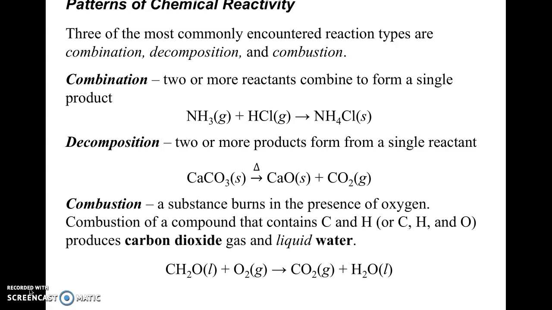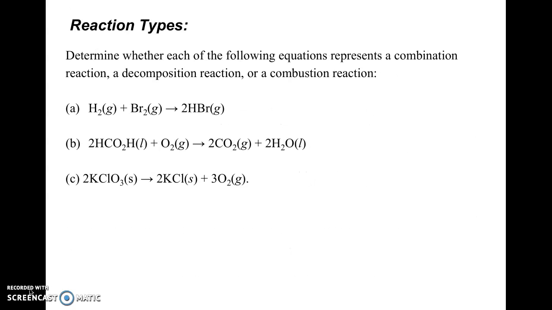And then the final one is combustion. And so combustion is burning, and it's particularly the burning of a compound that has carbon and hydrogen and maybe oxygen in it. And it always produces CO2 gas and liquid water, as with this example here below.